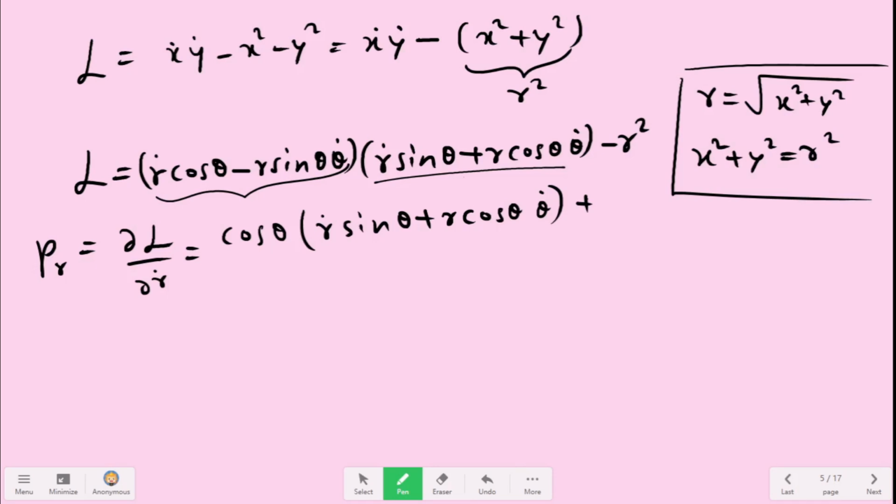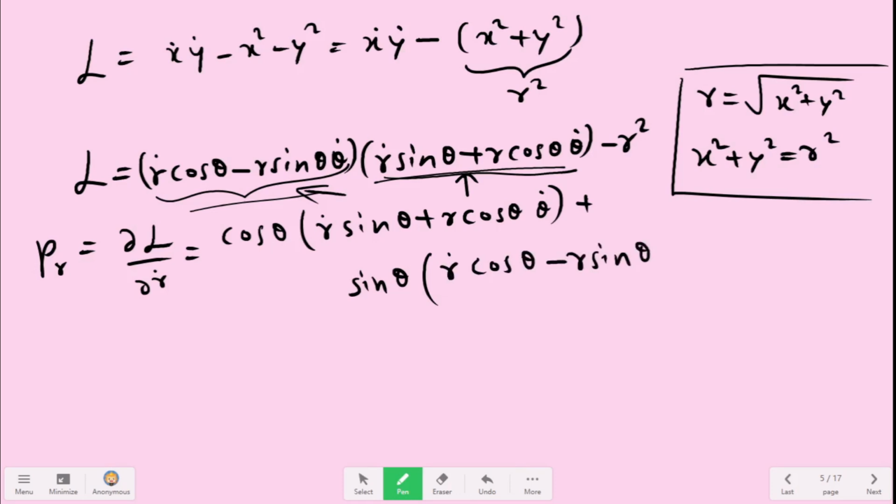Now you have to differentiate this and then multiply by this. So when you differentiate the second term, you will get sin theta. This is partial differentiation, times, now you have to multiply by the first term, (r dot cos theta minus r sin theta theta dot).